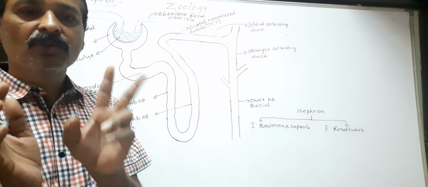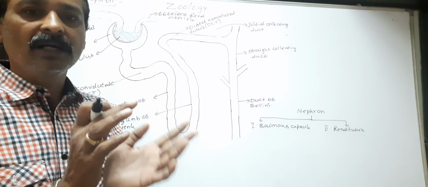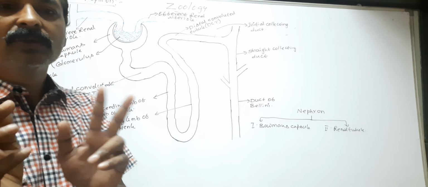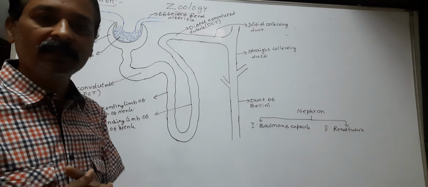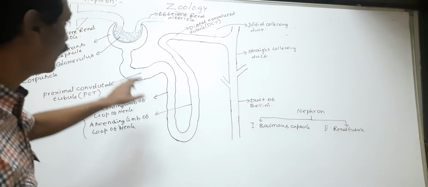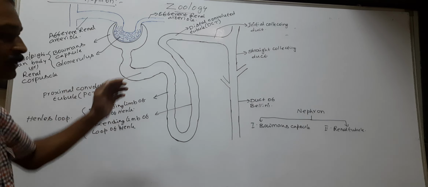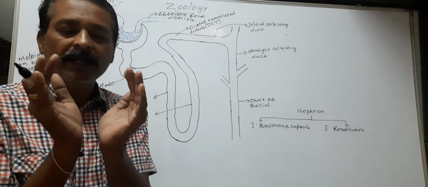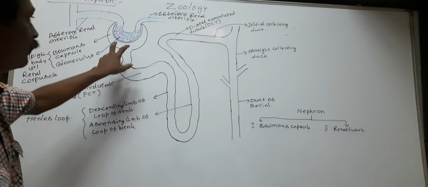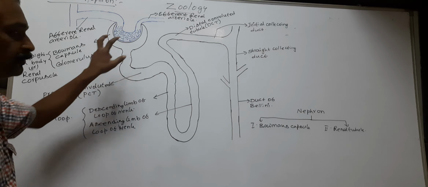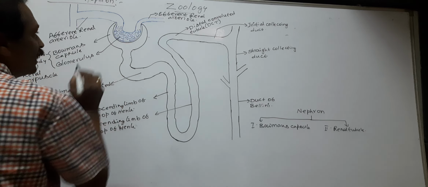It has two layers, outer and inner layers. So the Bowman's capsule is a double-walled cup-like structure. This is outer layer, this is inner layer.